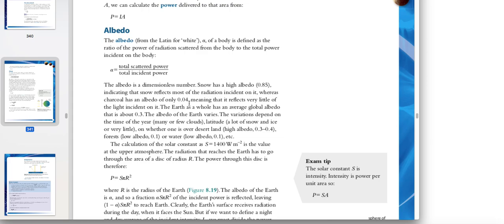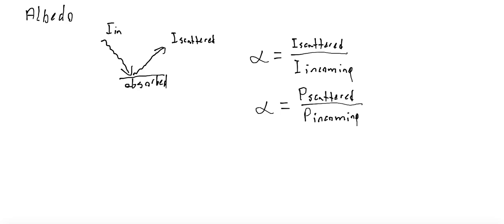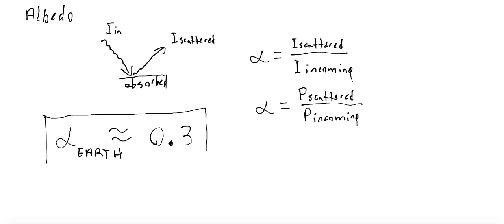Is it clear? In the case of Earth, the average annual Earth's albedo is around 0.3. You must remember this number, because it will be used in our further calculations. So the average annual Earth's albedo is 0.3, which means that around 30% of radiation is scattered, reflected by the atmosphere and by the land. Okay, 70% is absorbed. Is it clear?